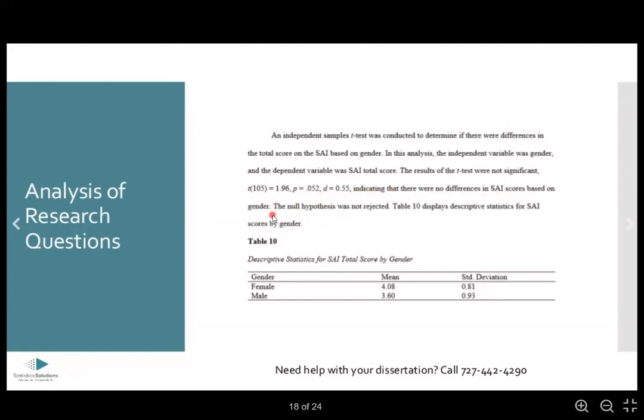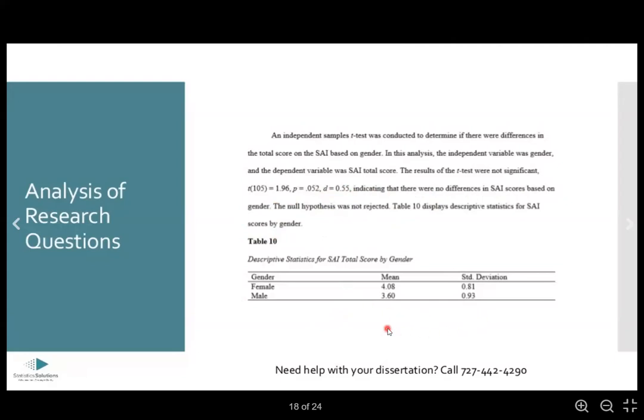And then again, that clear statement that the null hypothesis was not rejected. Remember, when we fail to reject the null hypothesis, that means that there were no significant results. And then to accompany that, they're just providing us with those relevant statistics. So because this is a t-test and we're comparing means, they're giving us the means and the standard deviations.